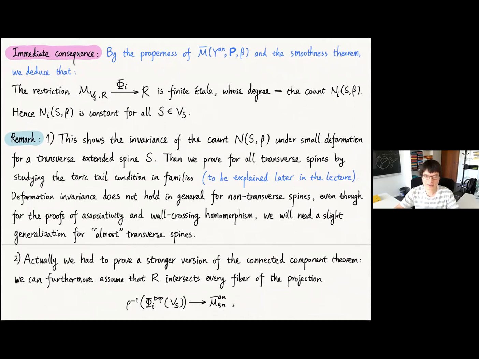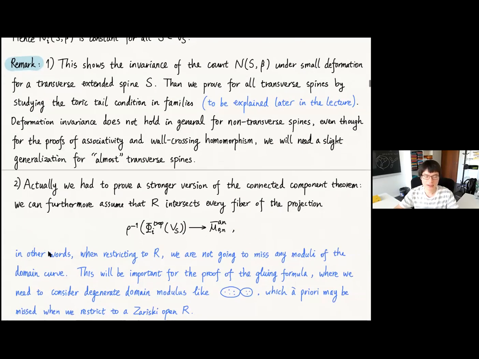And what does it mean? It means that when restricting to R, which is a Zariski open of this space, by further assuming that R intersects every fiber of the projection, we are not going to miss any moduli of the domain curve.